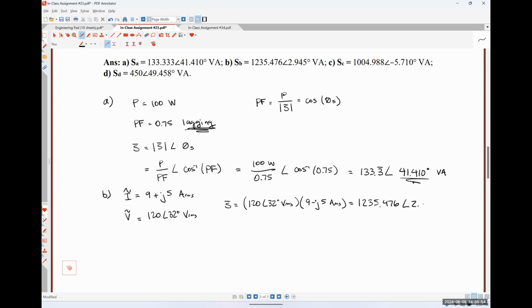So let's call it 2.945 degrees volt amperes. Okay. So this one was just literally using the fundamental definition of complex power. Before we do part C, anybody have any questions about part B?